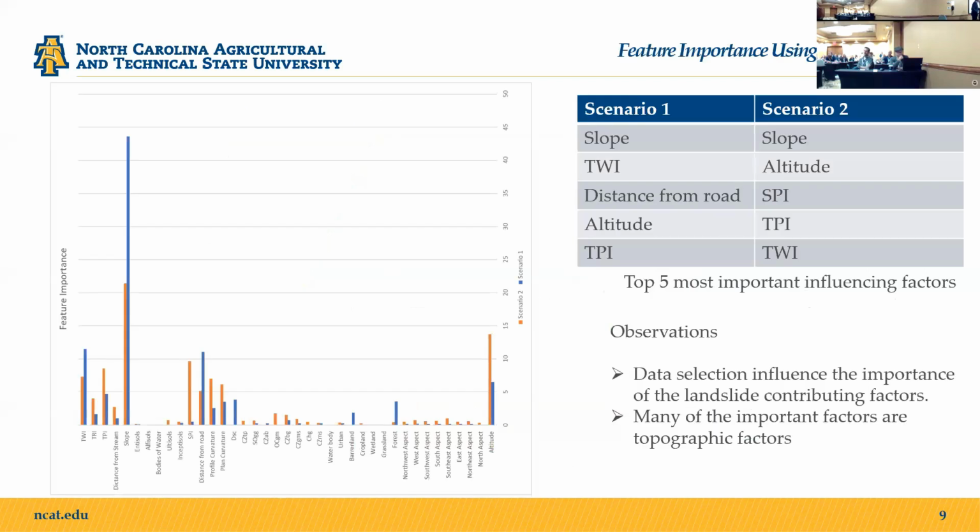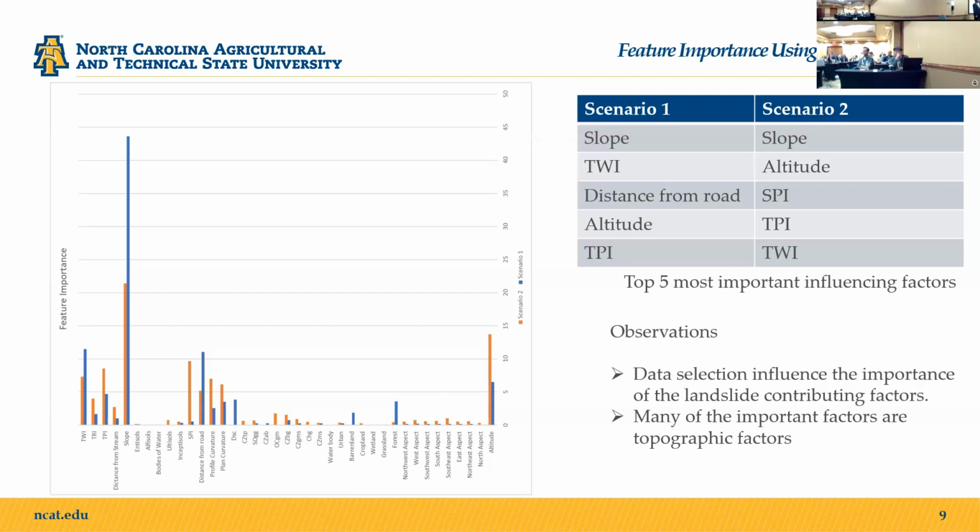Okay. After building the model, we want to know the top 5 important factors out of the 14 that were considered in this study. We used random forest to get the importance of the factors.